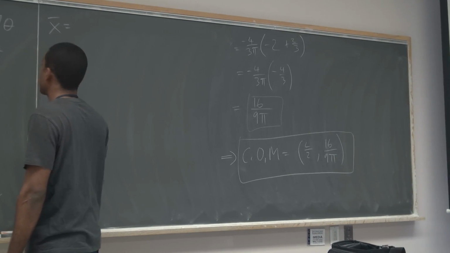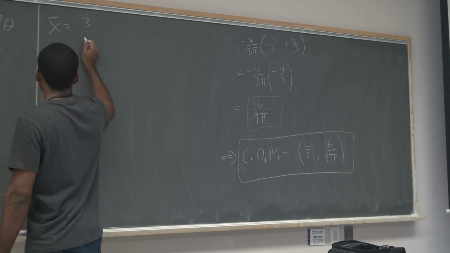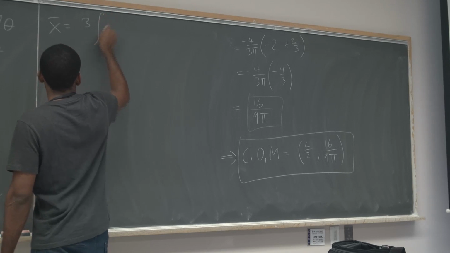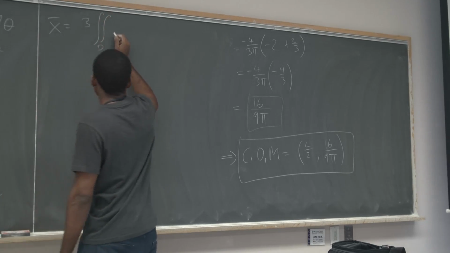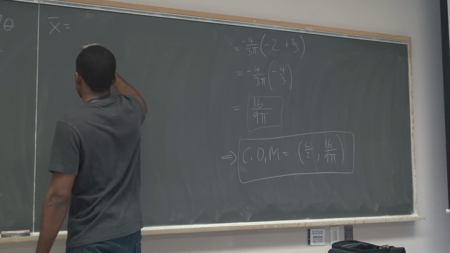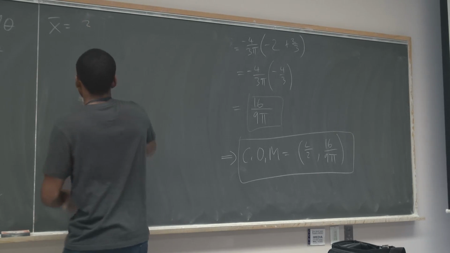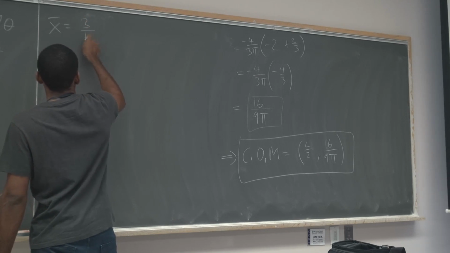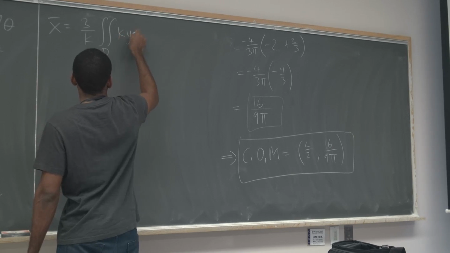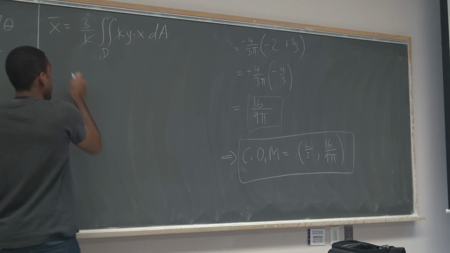X bar would be what? It's 3 over k times the double integral, theta from 0 to pi over 2 and r from 0 to 1, of x times k y dA. Let me write it out because you're sort of simplifying first. The k's are going to cancel, which is why there's only a 3 there.